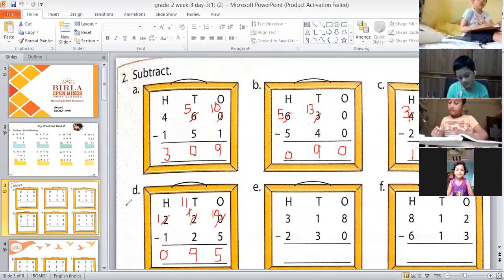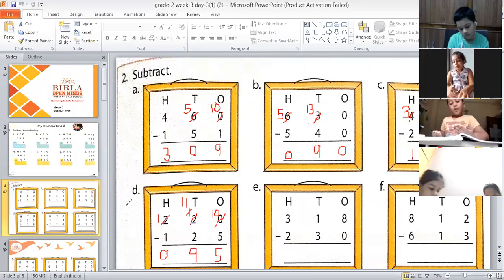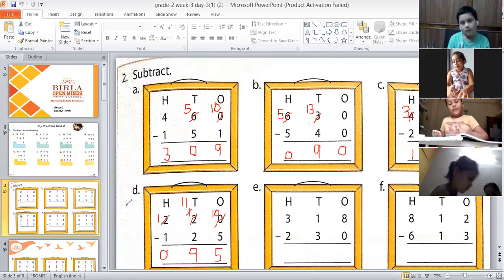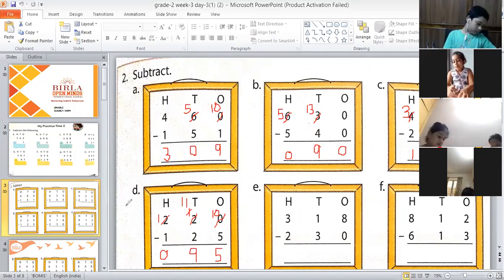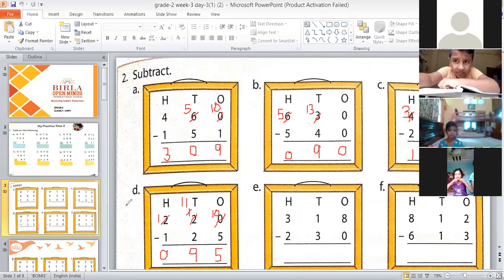Yes, ma'am. Johar, can you see what I'm sharing on my screen? Yes, ma'am. Krishika, there must be some problem from your side. Other children can see. Please check your connection.